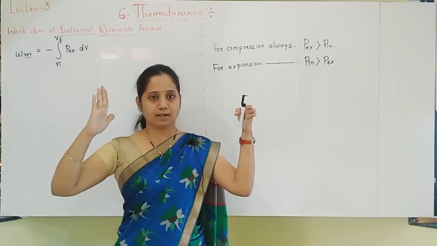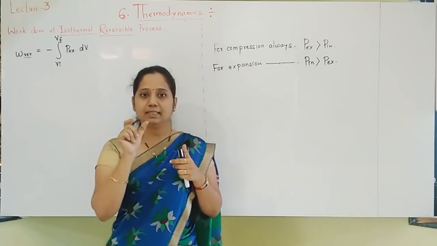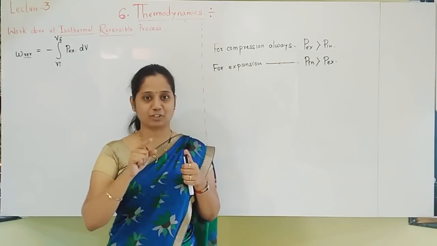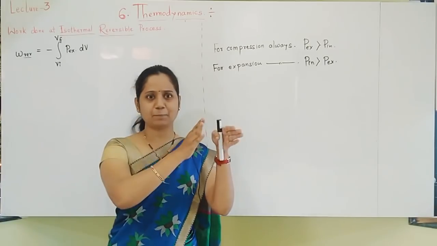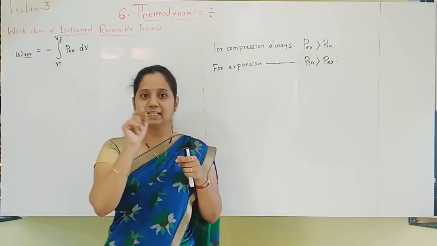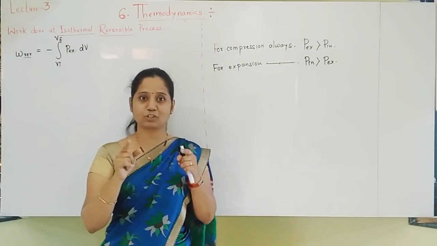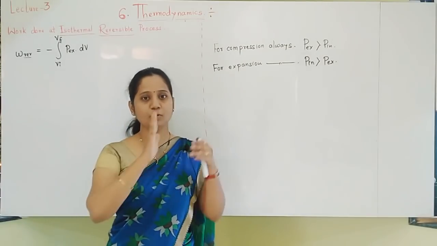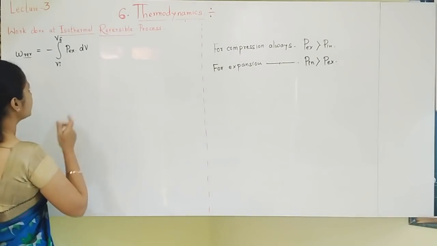Then compression will take place till both pressures become equal. That change in pressure is called dP. For example, external pressure is 80, inside pressure is 50. Both should become equal, so the change is 30. That much change will take place, and that is called dP, the change in pressure. Till both pressures become equal, the piston will move inside.